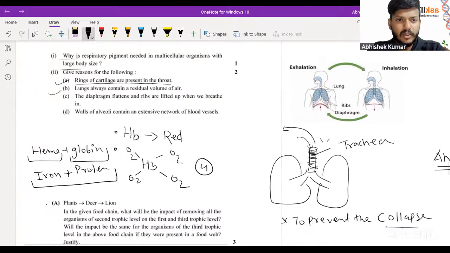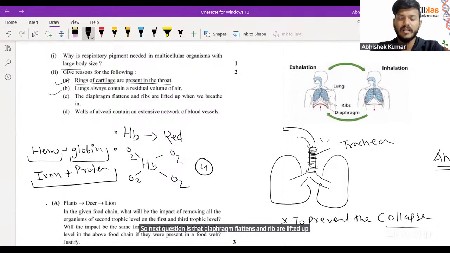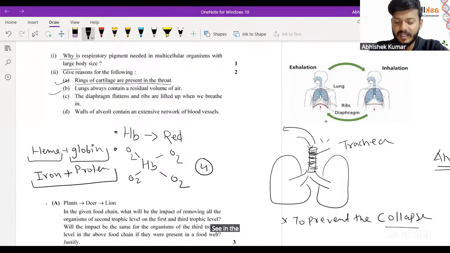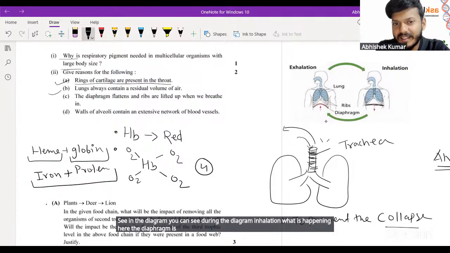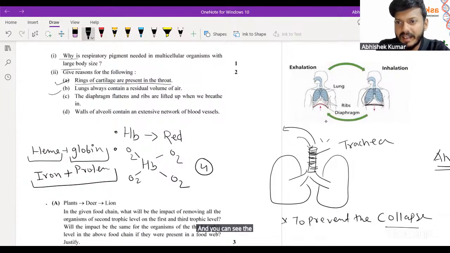So the next question is: the diaphragm flattens and ribs are lifted up when we breathe in. See, in the diagram you can see during inhalation what is happening here. The diaphragm is flattened, and you can see the pressure inside the lungs is increased, right?